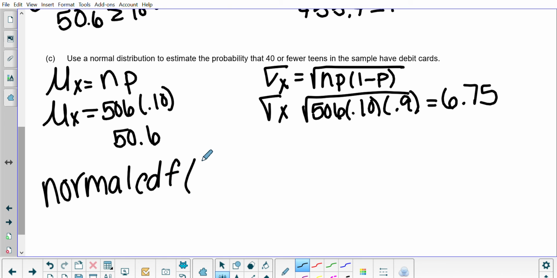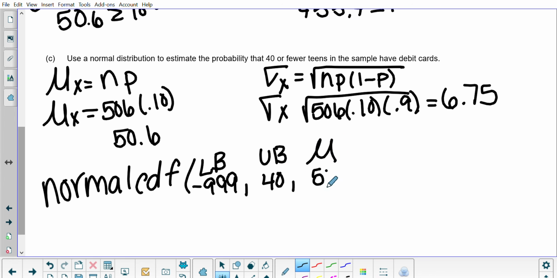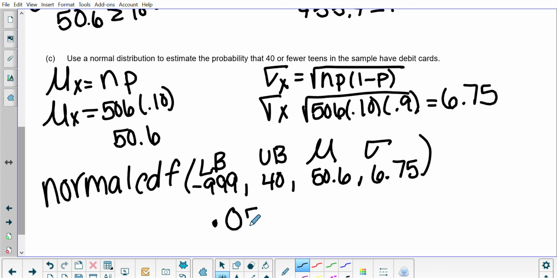So my lower bound is for 40 or fewer, so my lower bound has to be negative 999. My upper bound needs to be 40. My mean is 50.6, and my standard deviation is 6.75, and I get 0.058, so about 5.8%.